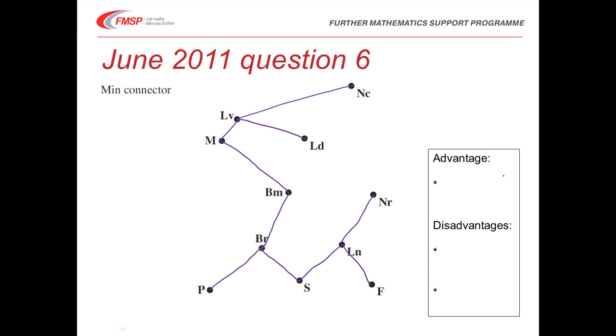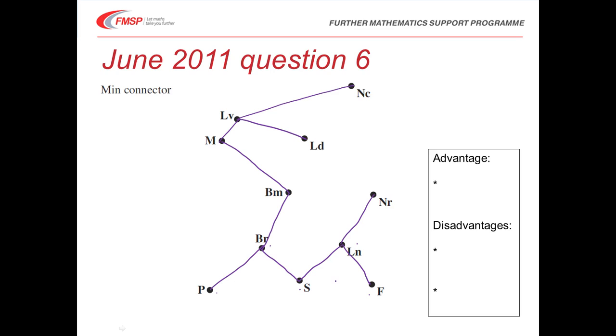Well, now then, let's reflect on the advantages and disadvantages of using a minimum connector for our rail network, assuming that all those purple lines represent the shortest distances between these various towns, which now are beginning to look to me suspiciously like Bristol and London and Plymouth and Southampton and Folkestone. Anyway, you can make up the rest for yourself.